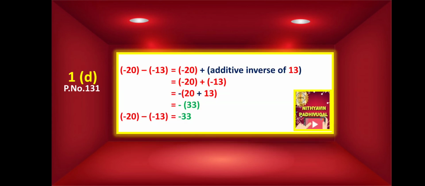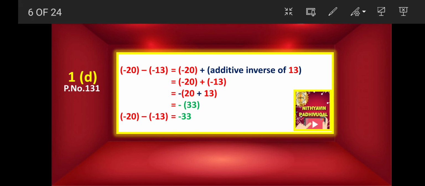1D. Minus 20 minus minus 13. Here also we are subtracting two negative integers. One is minus 20 and one is minus 13. Minus 13 is to be subtracted from minus 20. So you have to add the additive inverse of minus 13. It's not minus 13, it's not plus 13, it is plus 13.